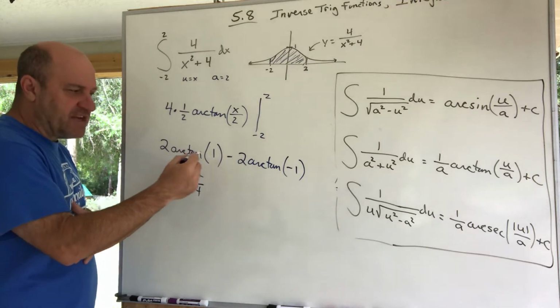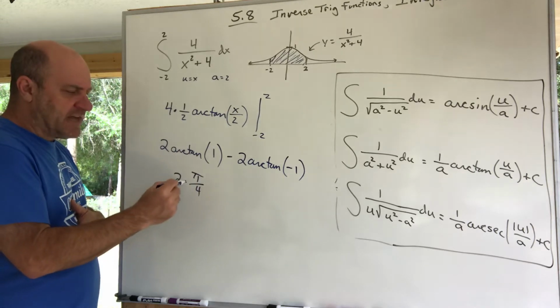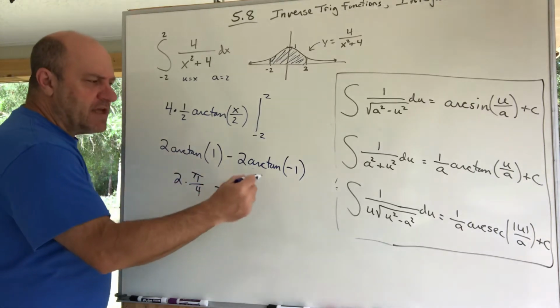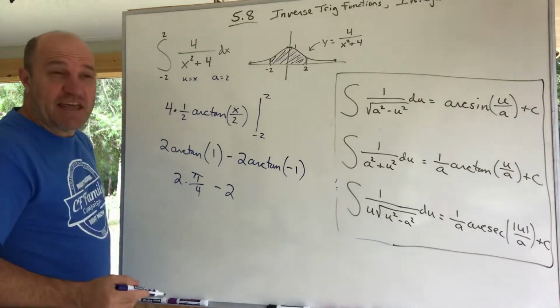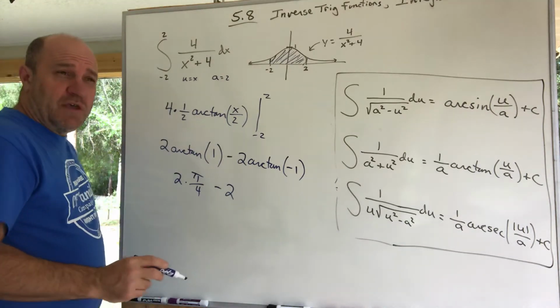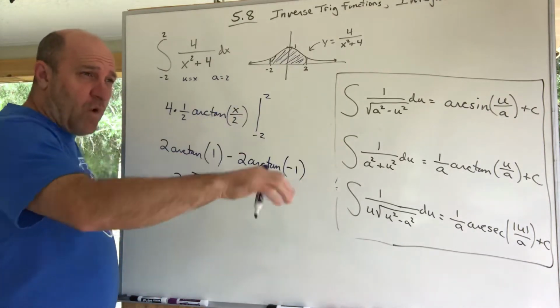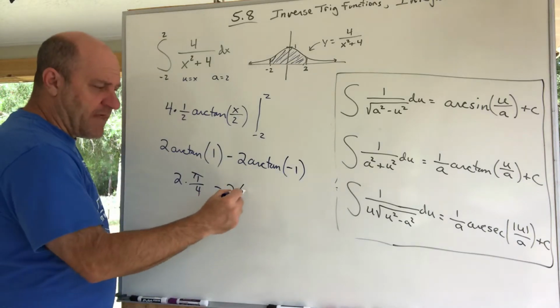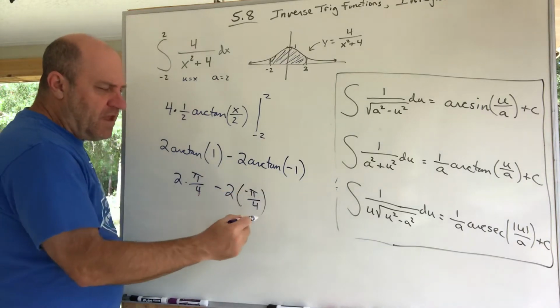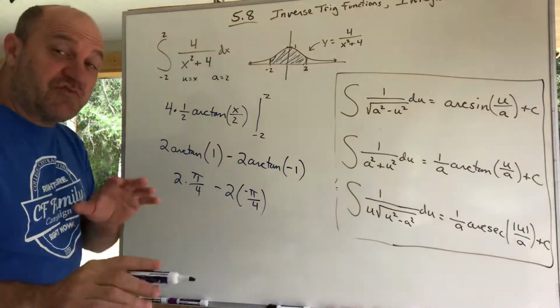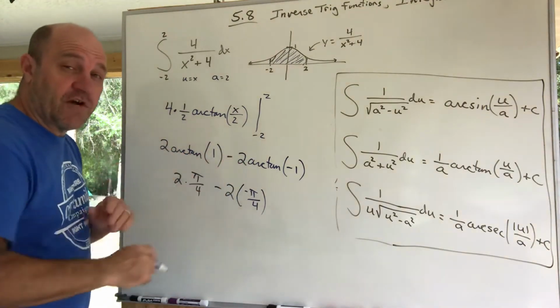The angle whose tangent is 1 is pi over 4 times 2, minus 2 times the angle whose tangent is -1. And that would be an angle in quadrant 4. That would be -pi over 4. There's some stuff going on here about the restricted range of these arc-trig functions.